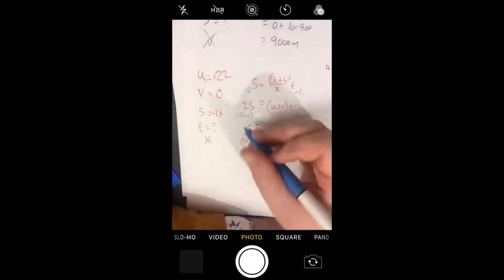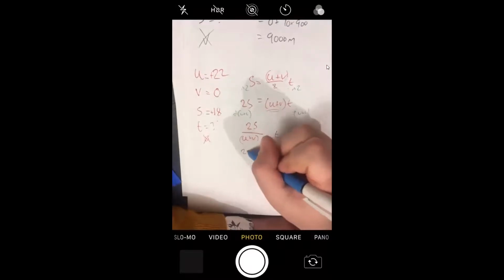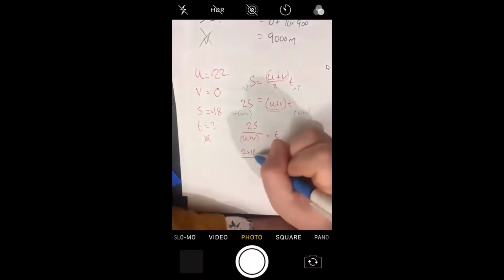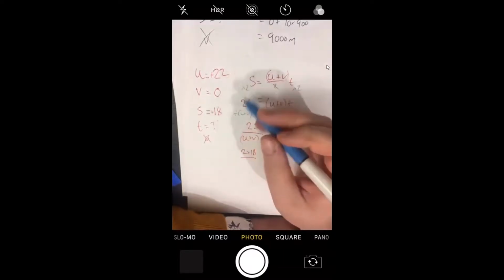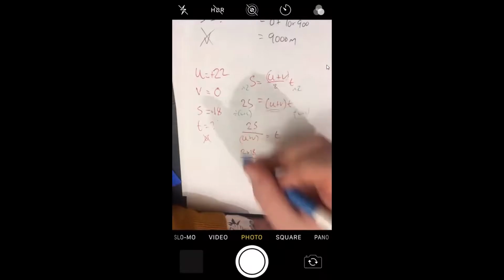2s is going to be 2 times 18, all over, in this case, u, which is going to be 22 plus 0.